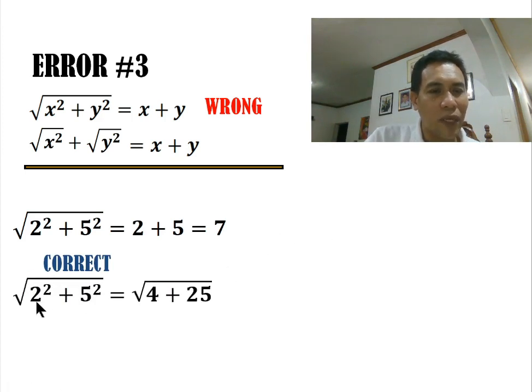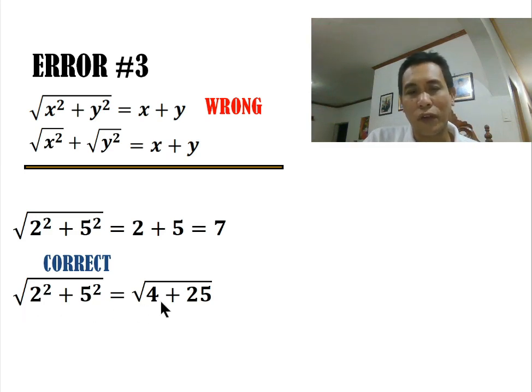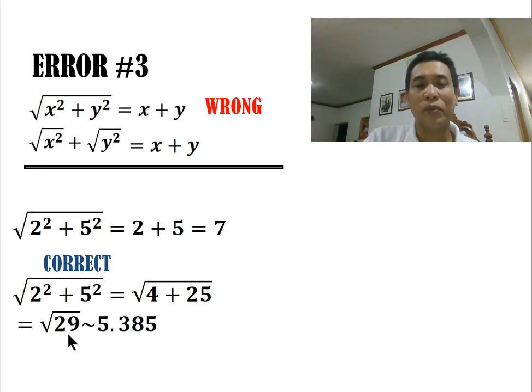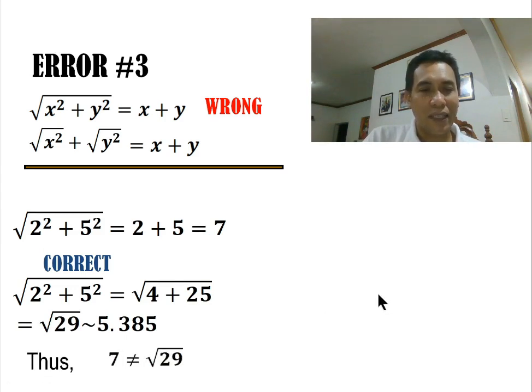If we have the square root of 2 squared plus 5 squared, this is equal to the square root of 2 squared is 4 and 5 squared is 25. All we have to do is to combine 4 plus 25. That's the square root of 29, approximately 5.385. Thus, 7 is not equal to the square root of 29. So definitely this is wrong.